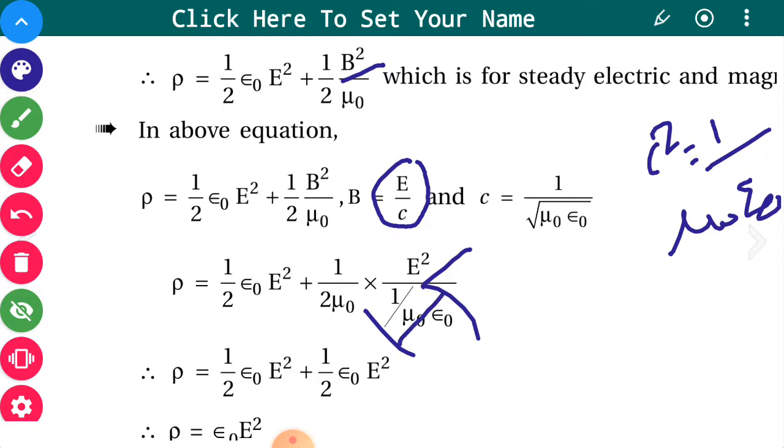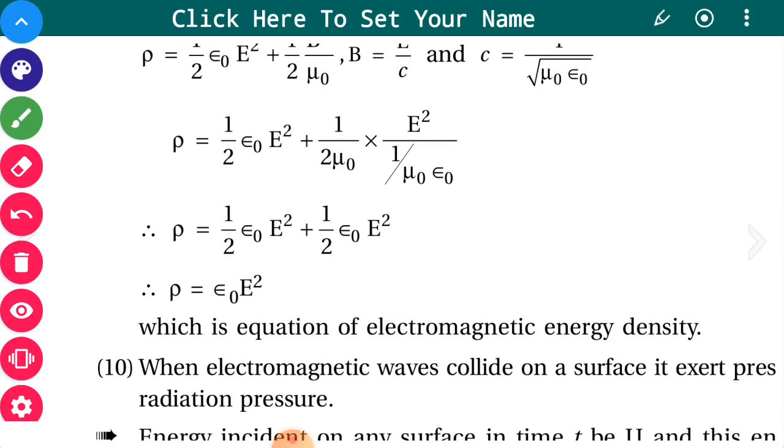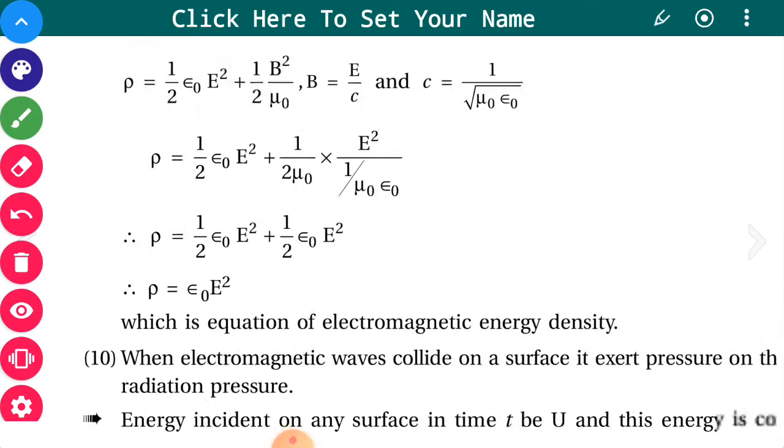So here mu 0 will be cancelled out, so you will have 1 by 2 epsilon 0 E square, first term as it is, this goes in the numerator. So it again becomes 1 by 2 epsilon 0 E square, so half and half will become 1, so rho is equal to epsilon 0 E square, which is the equation of electromagnetic energy density.